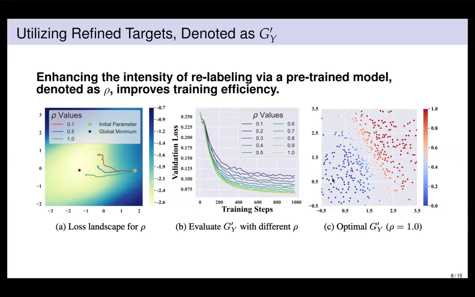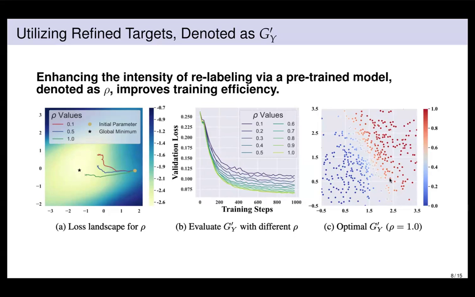And we also visualize the optimal G prime Y, where we use rho equal to 1.0. As I have just said, the color bar here is used for marking their Y values, their target values.